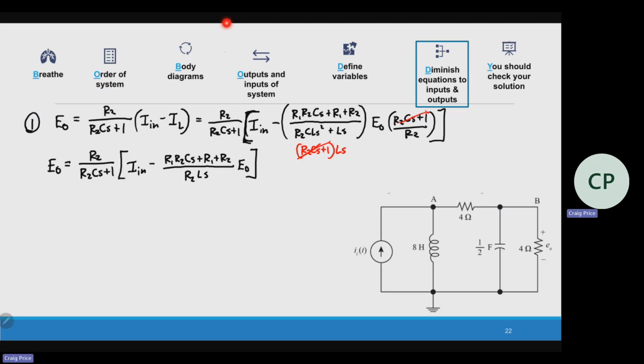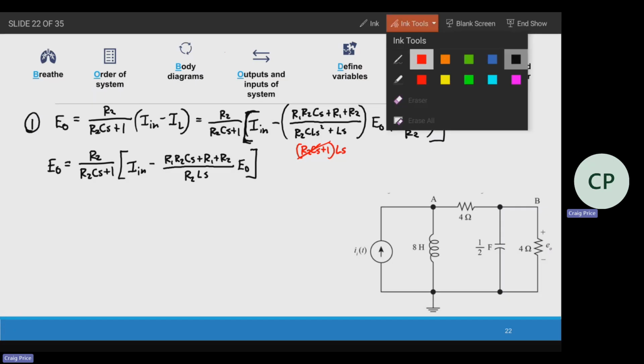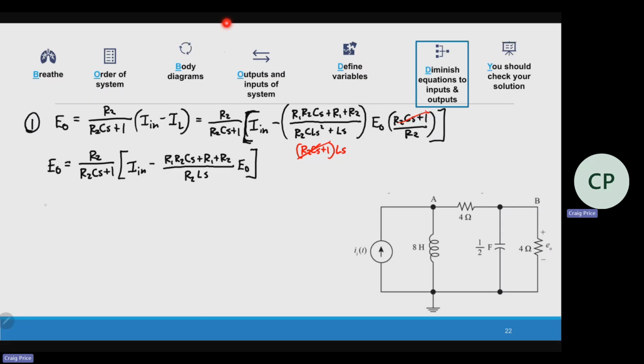We're almost there. I've got E out. So now I don't have any other currents, I don't have any other voltages, nothing like that. That's what I'm looking for. I'm trying to get to this point. So now that we're here, I can get all the E outs to one side.